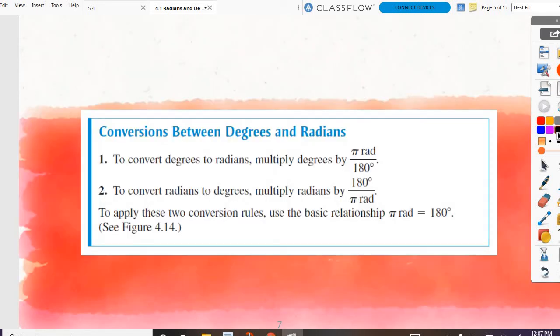Hopefully we've done some conversion rates in our science classes, like converting units, like going from miles to meters, or from hours to minutes, right? You're just converting. Same thing here. We have a conversion rate, and it's either going to be pi over 180 or 180 over pi.